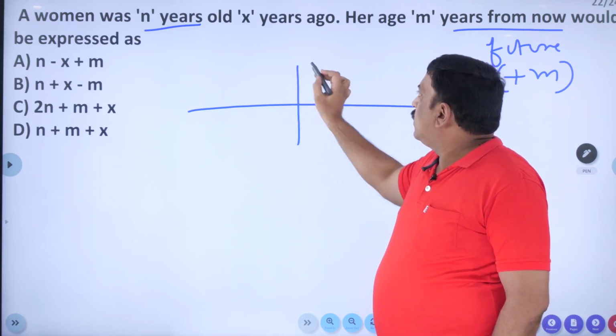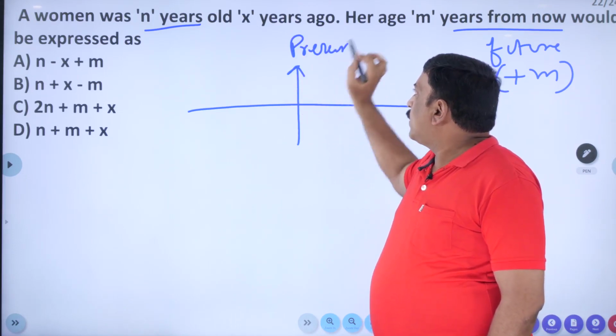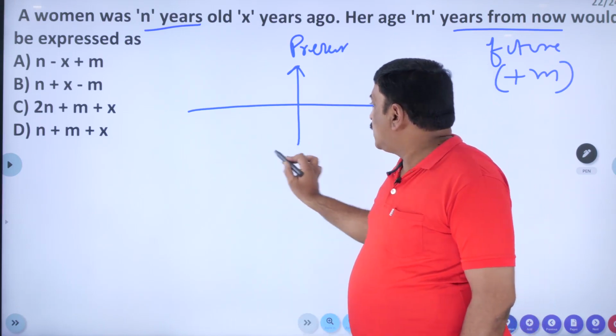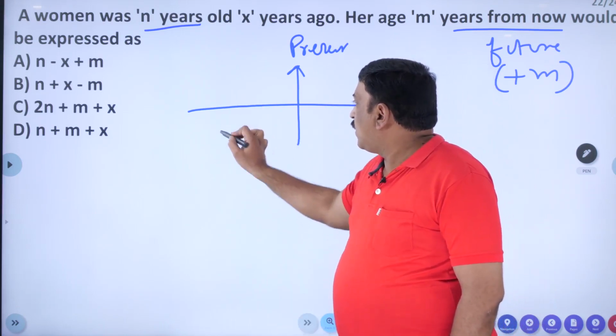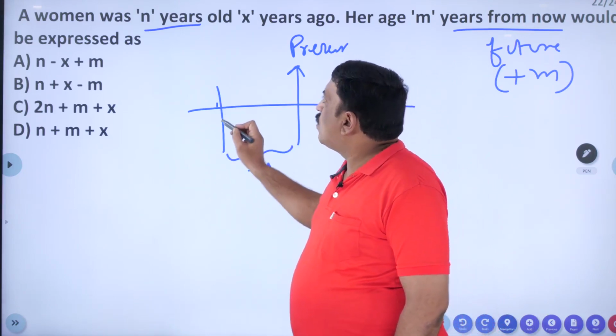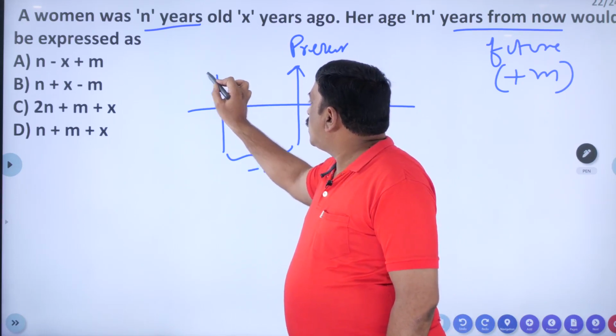This is the present. A woman was n years old x years ago. From the present she was back somewhere, x years back. How much was she? She was n.